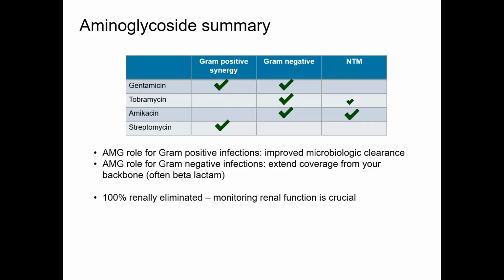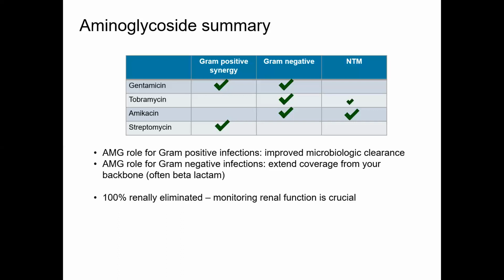And really a key piece of information to remember is that the role for aminoglycosides changes depending on what type of infection we're treating. So in gram-positive infections, we're really just trying to improve that microbiologic clearance, but it's not our primary drug. It's synergy. It's just a bonus or a cherry on top to our primary agent, which is different than gram-negative infections, which is usually when we extend our coverage from our backbone or a beta-lactam.